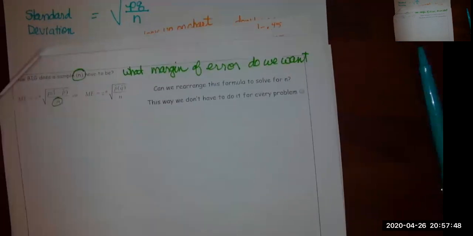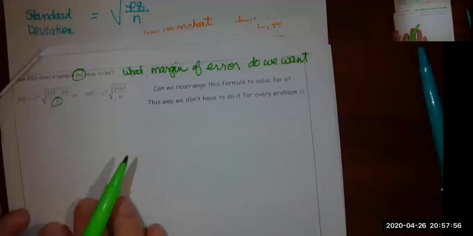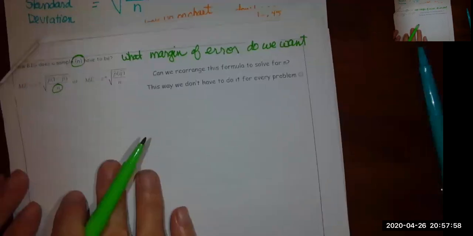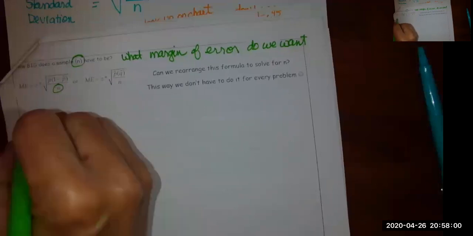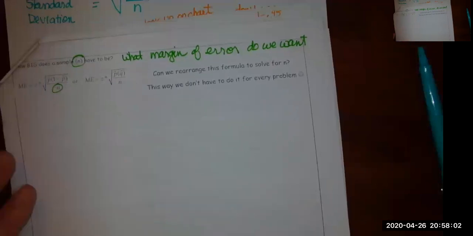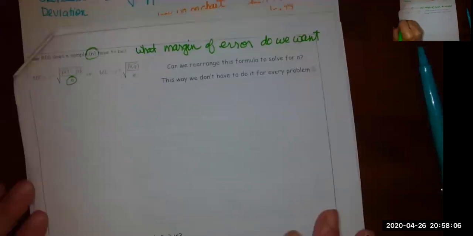So in order to do that, the easiest thing you can do is rearrange that formula and get n out of the square root, right? Basically, I'm going to do it for you one time. You don't have to do this because you're just going to write down what we get as the answer. But let's see how this would work.